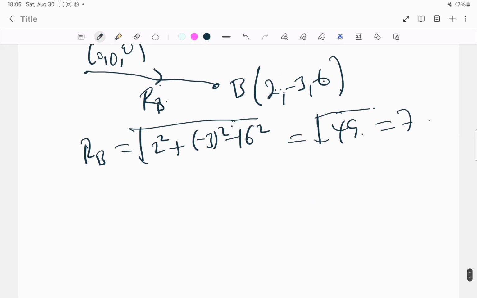As a result, we write R equal to, since our line charge is lying on the y-axis, we neglect that.